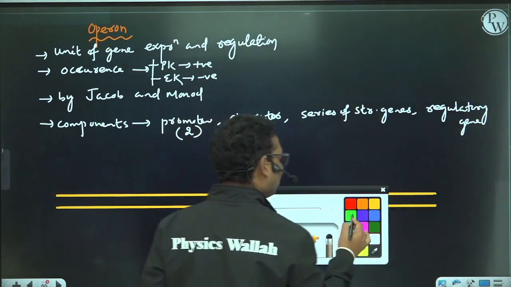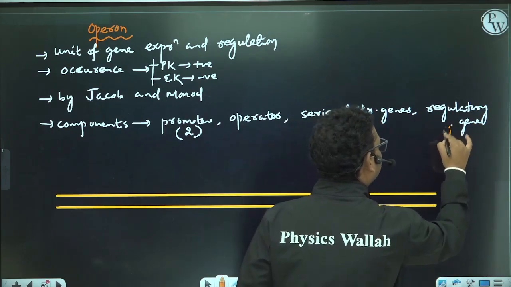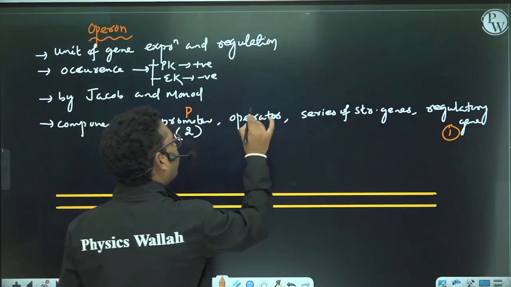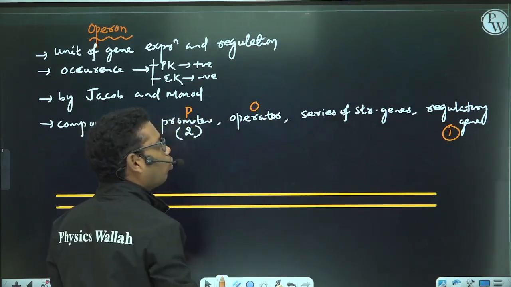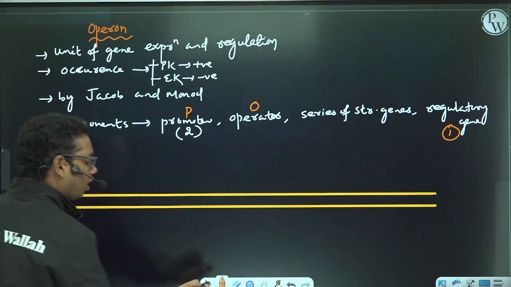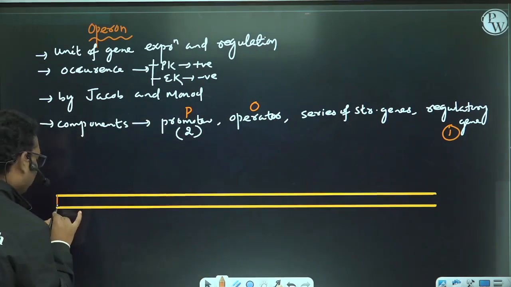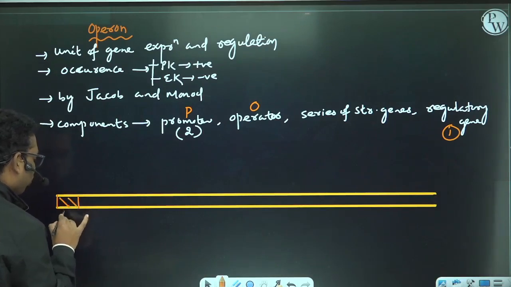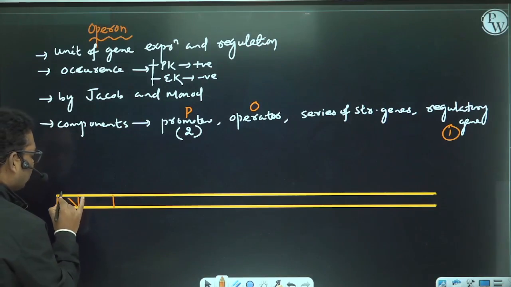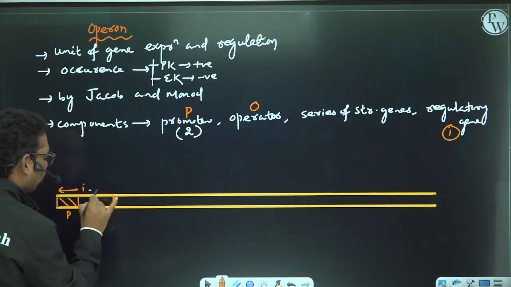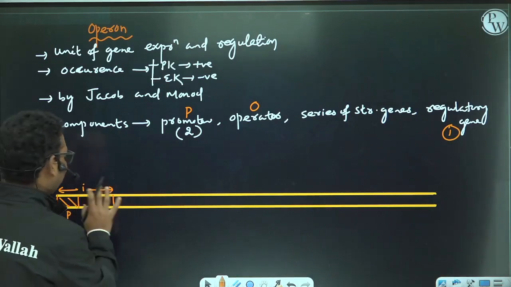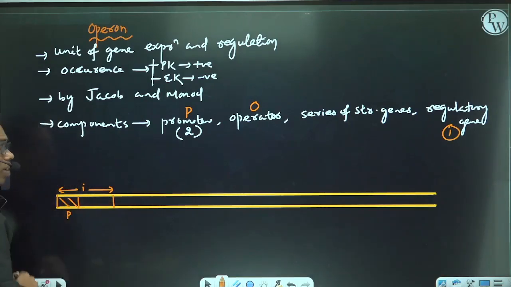And this regulatory gene is indicated by I. Okay, for promoter I will write P, for operator I will write O. Okay, so suppose this is an operon. And suppose this sequence is the promoter, and suppose this entire sequence is the regulatory gene. Or I can say this is a regulatory gene and this is the promoter of the regulatory gene.